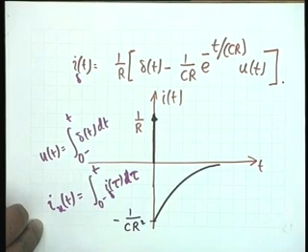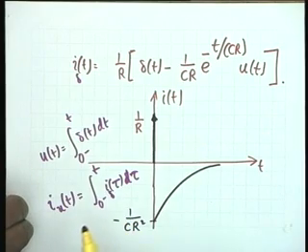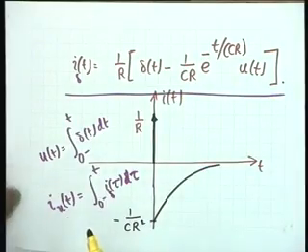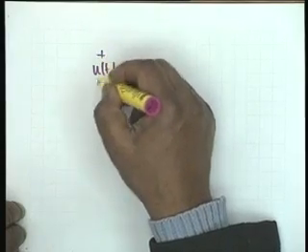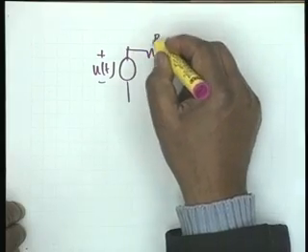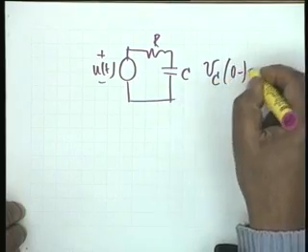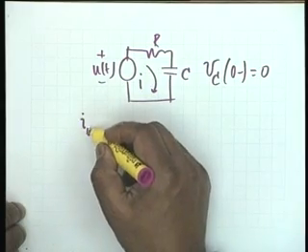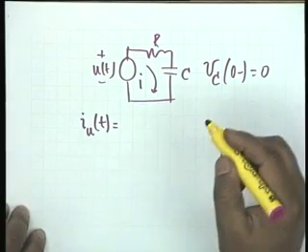If the excitation is integrated, the response should also be integrated. This is the basic principle of a linear system, and therefore, what I can do is integrate this and get the unit step response. That is, if the excitation was u of t applied to R and C with v sub C 0 minus equal to 0, then the current response i u of t shall be equal to the integral of that, and I have carried out the integration.